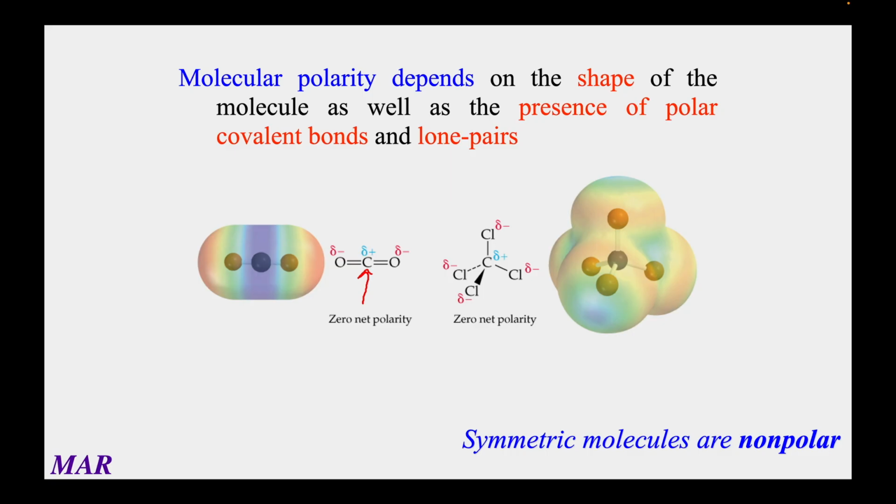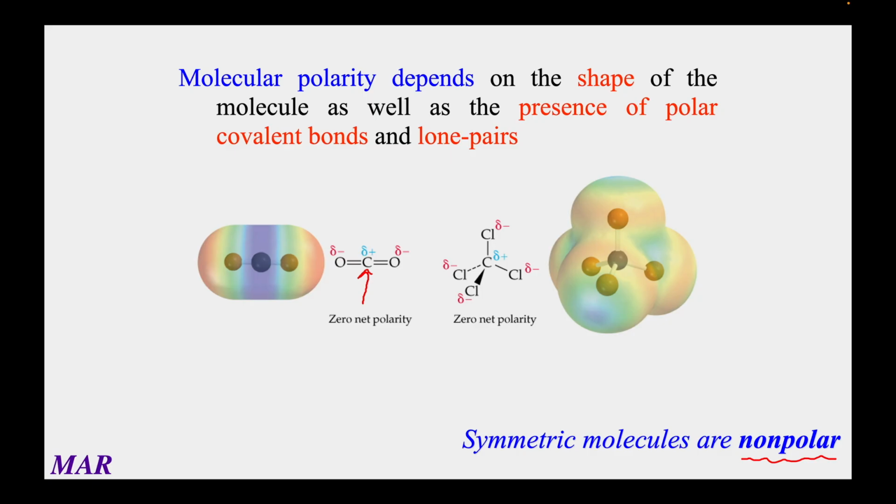But the oxygen on the right, its pull is canceled by the pull of the oxygen on the left. So again, everything around that carbon is the same. You've got a double bond on the left and a double bond on the right. So CO2 is a non-polar molecule. It's symmetric, and that means there's not really an unequal distribution of electrons.